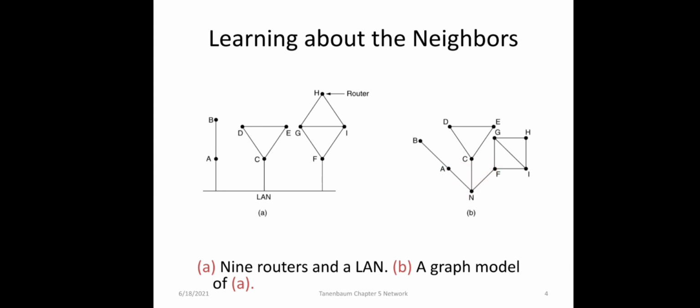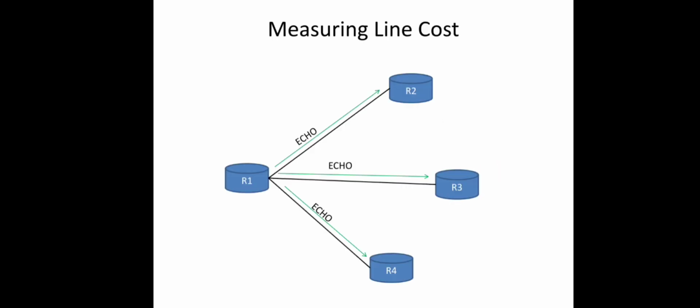Okay. And next step is measuring the line cost. So once neighbors are identified, next task is to know or at least have some estimate of the delay to each of its neighbors. So we have 3 different neighbors here. How much delay will be there? How much cost will be there to use this link? Okay. So the most direct way is to use the special echo packet. We have already seen this echo packet, right?